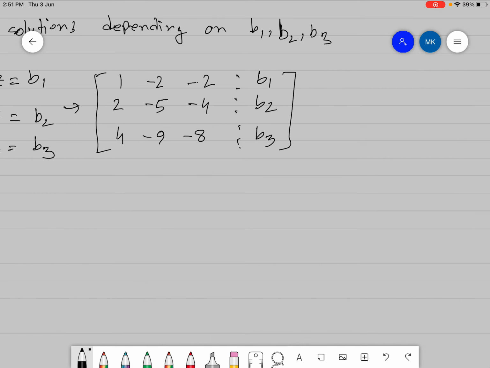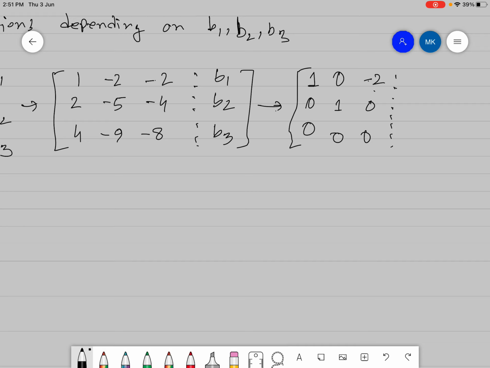So from here, if I do elimination, please do it on your own. So I'll get row reduced echelon form as 1 0 0, there will be 0 1 0, and there will be a negative 2 0 and a 0 here.